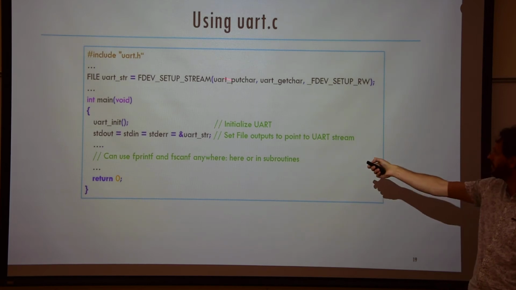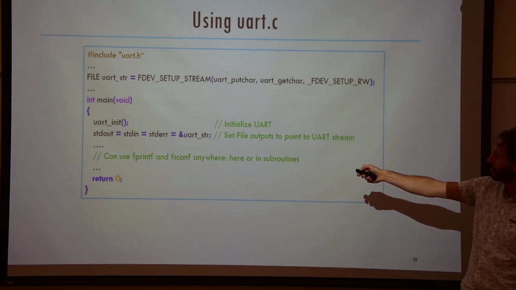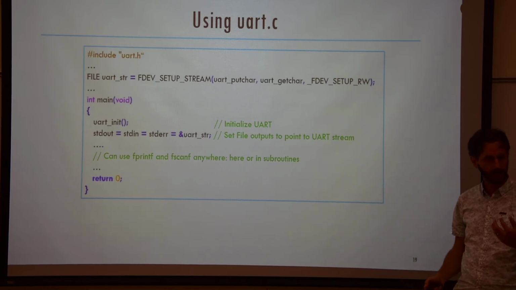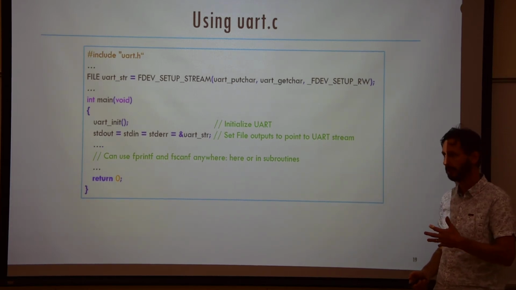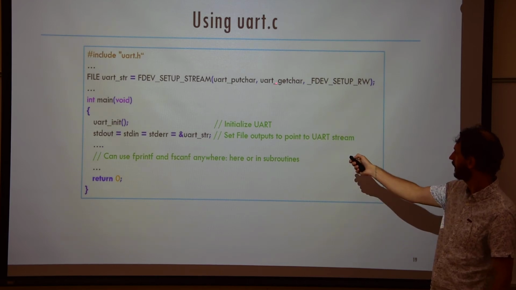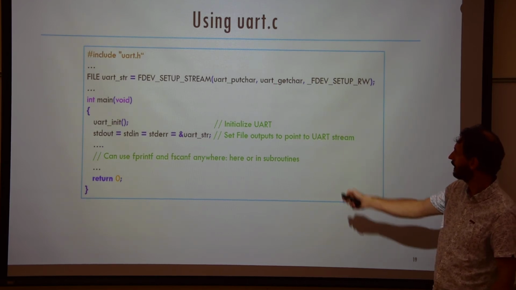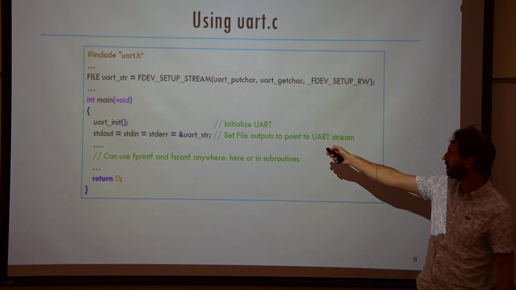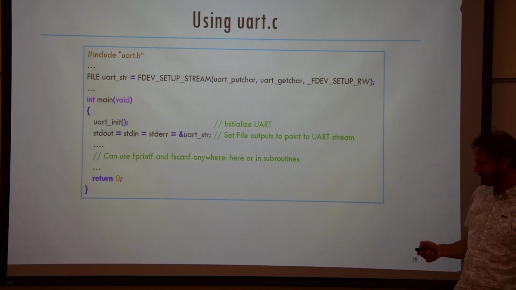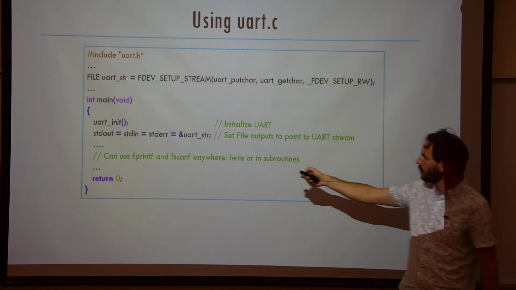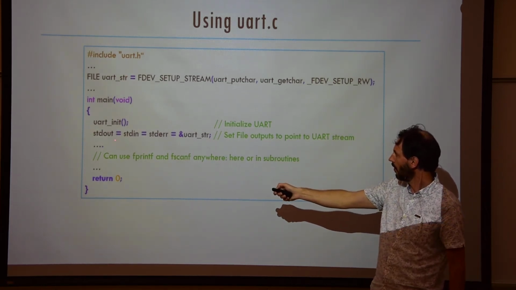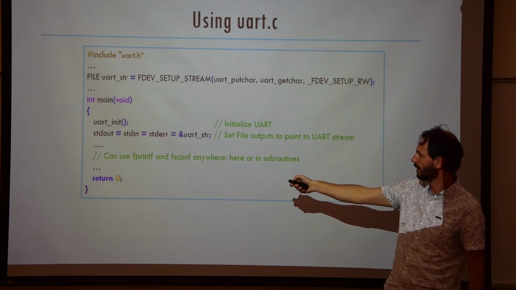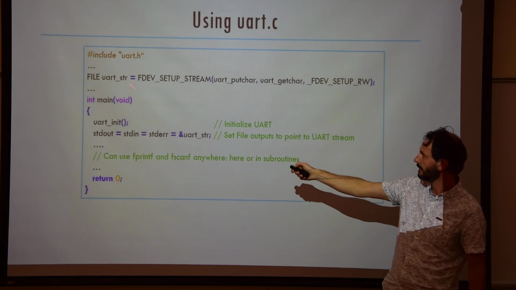And by doing it like this, this particular UART stream now operates in a way that is read out by using the get character functionality from this library. And if you want to put things to the stream, you use this particular functionality. Now, why do you want to do that? Well, we want to now set all the stdout, stdin, stderr to point at this particular stream.